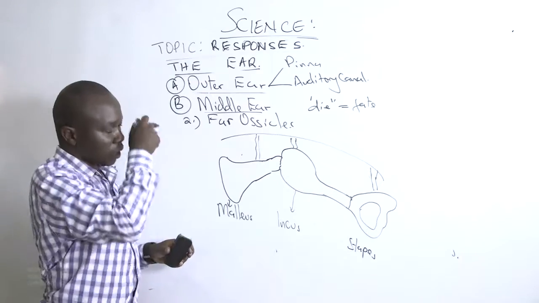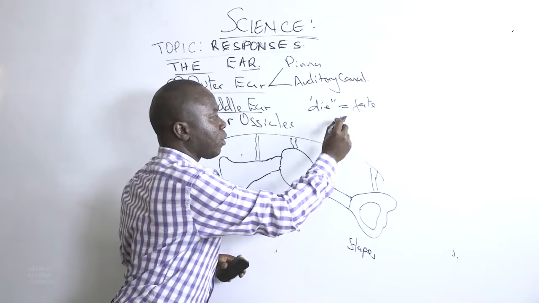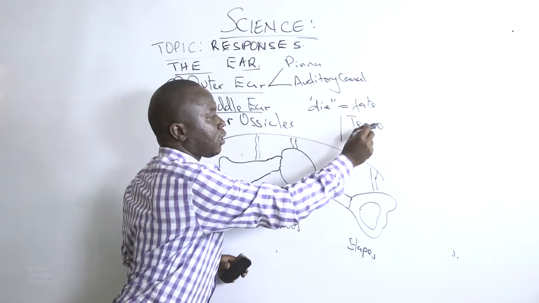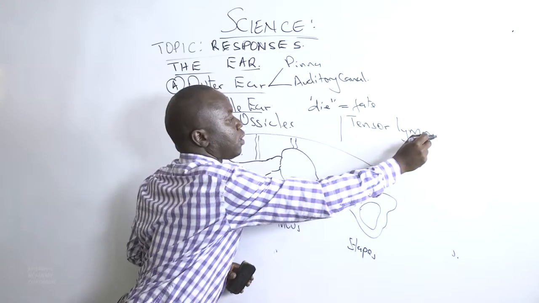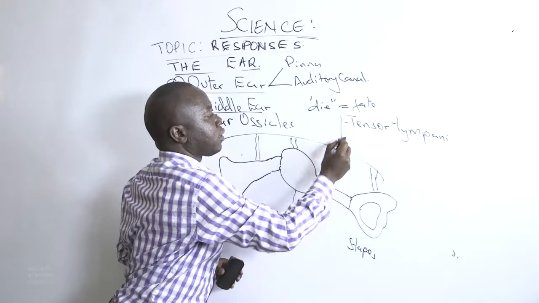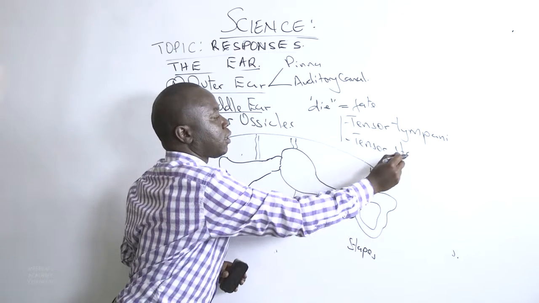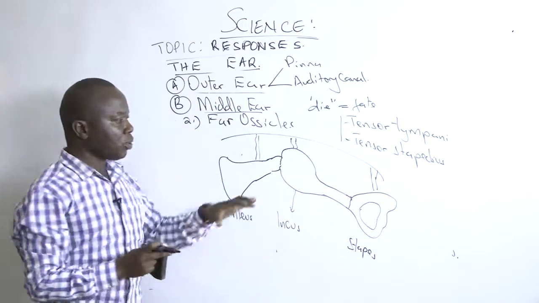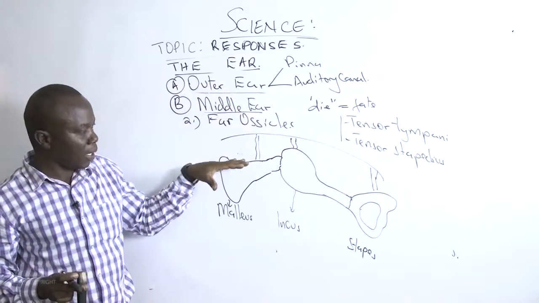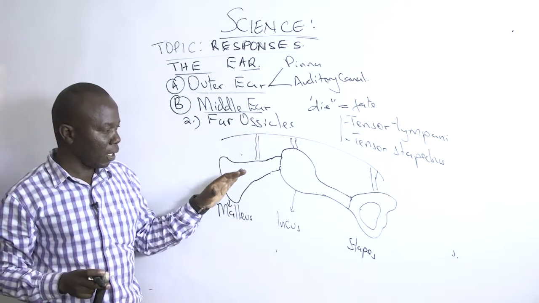We call them tensor tympani and tensor stapedius. So these two structures are the ones that are suspending the ear ossicles in the middle ear.